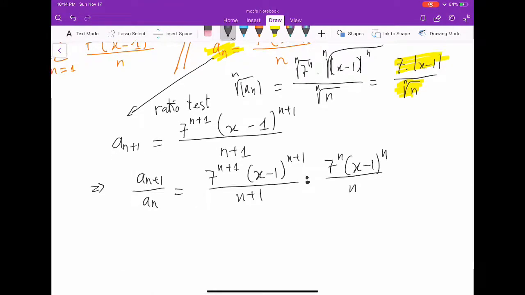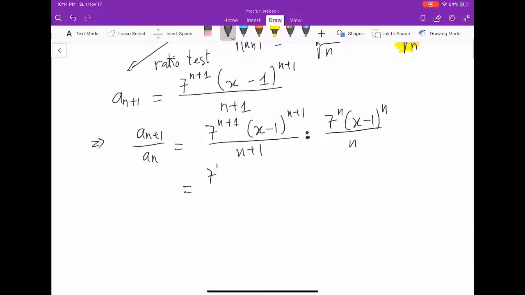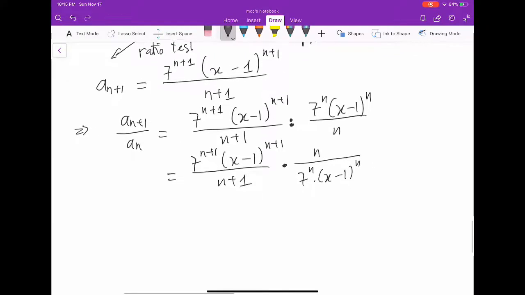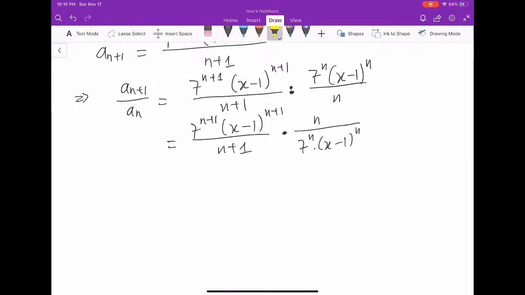We flip that, we get 7 to the n plus 1, (x minus 1) to the n plus 1 over n plus 1, multiplied by n over 7 to the n, and then (x minus 1) to the n, right? All right, now let's simplify it. Here I have 7 to the n, and here I have 7 to the n plus 1. But 7 to the n plus 1 is just 7 to the n times 7. So we can simplify 7 to the n, right?